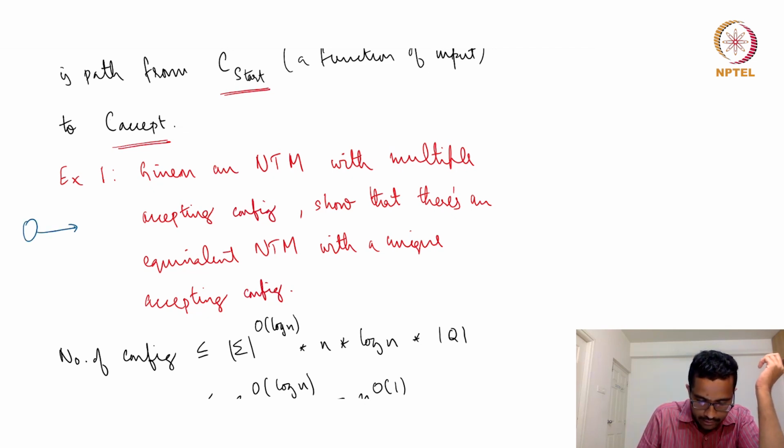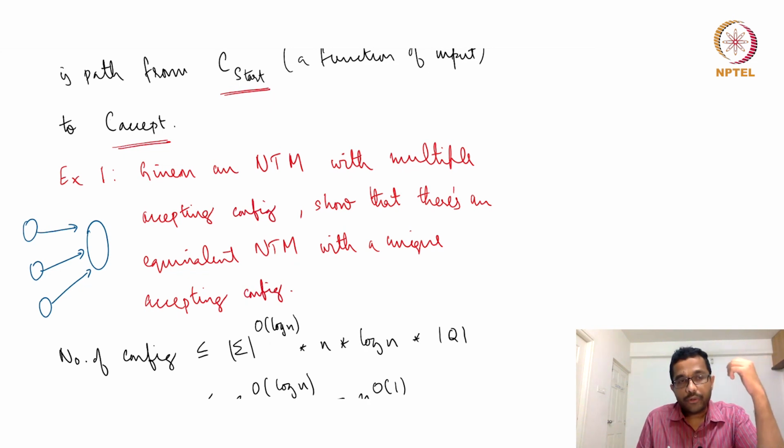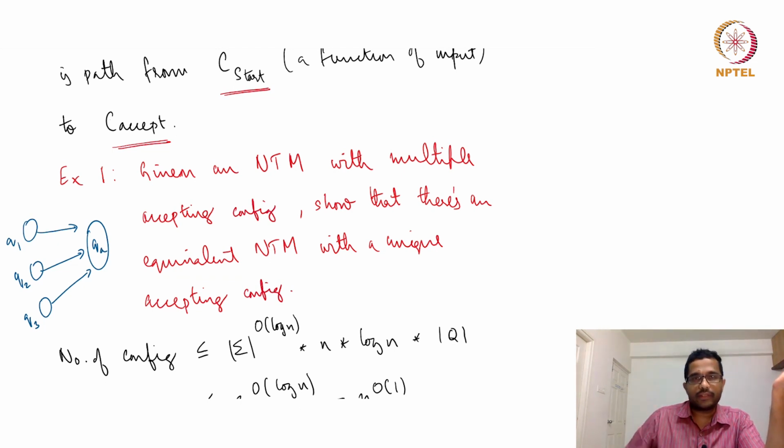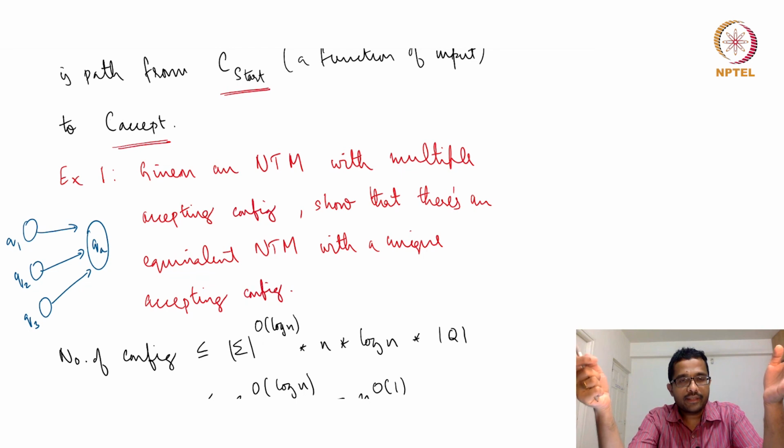I'll very briefly highlight the idea. If there are multiple accepting configurations, say Q1, Q2, Q3 are all accepting configurations, and now I want a unique accepting configuration, how can we do that? The point is, why do we have different accepting configurations?